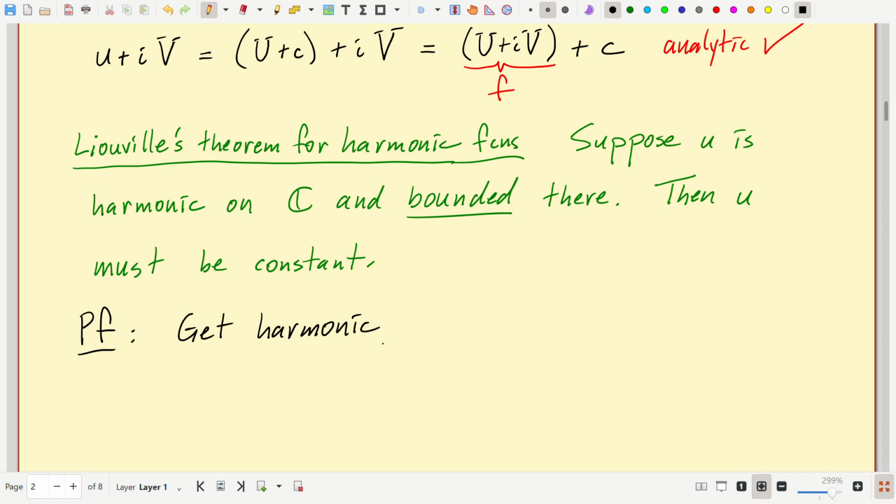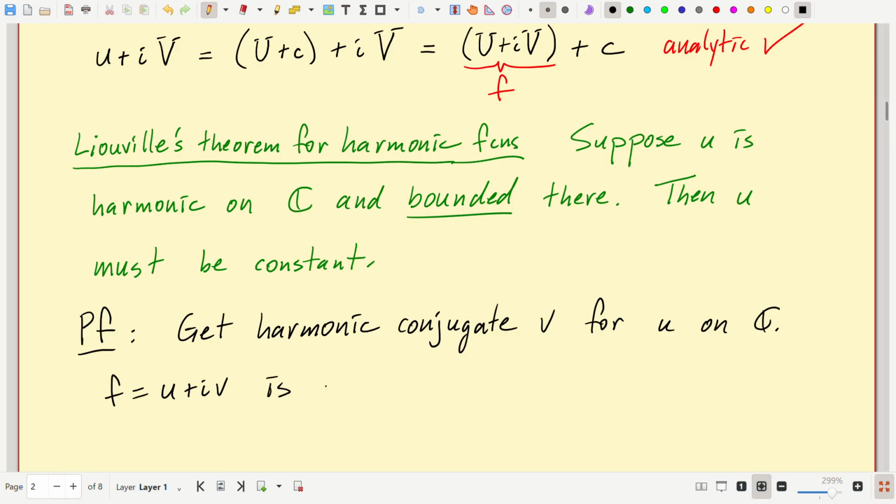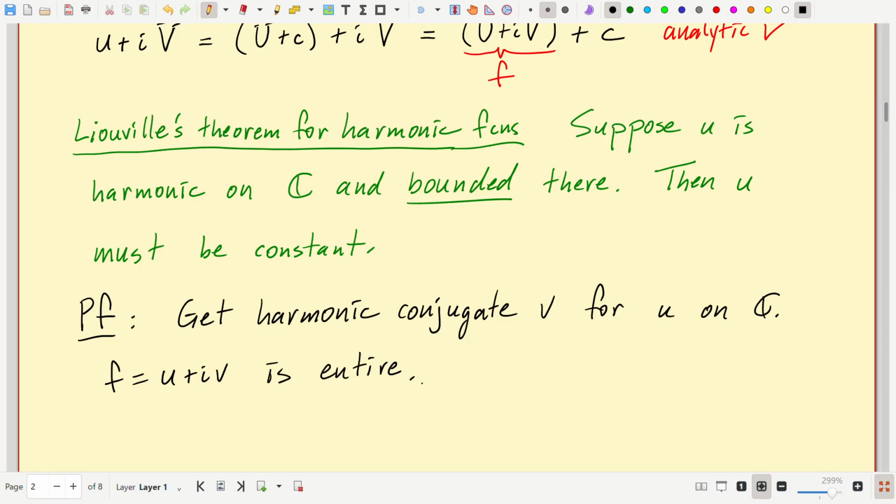The whole complex plane doesn't have any holes, so I can get a harmonic conjugate v for u on the whole complex plane. Then f equals u plus iv is entire. And I told you that important trick last time.